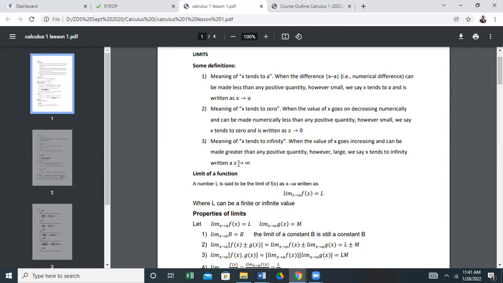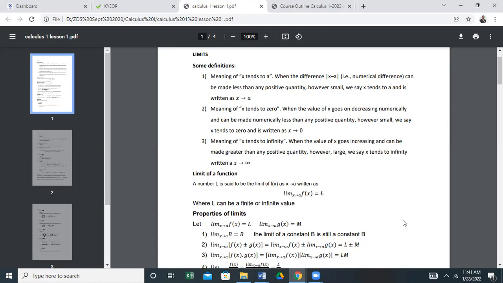You can say it is the language of the world. And mathematics basically is what is sorting out many of the problems, right? So we are talking of a number L is said to be a limit of the function of x as x is tending to A. And that is what we are writing here.